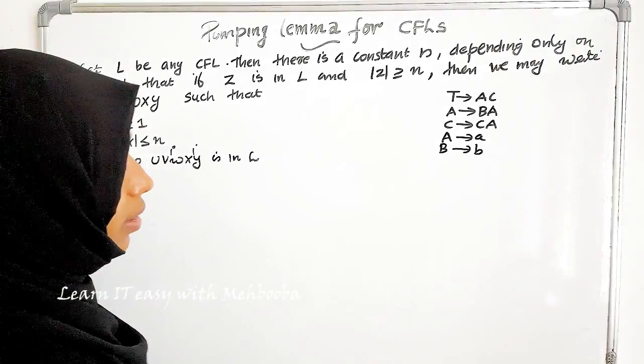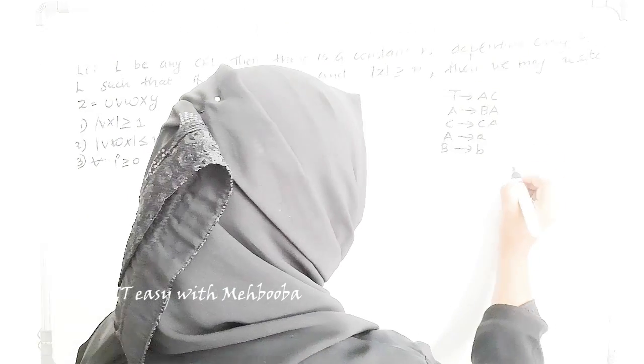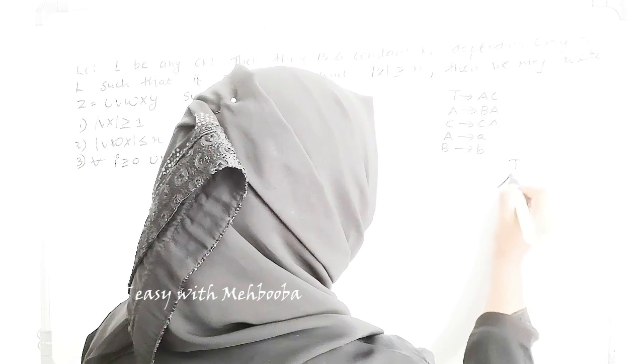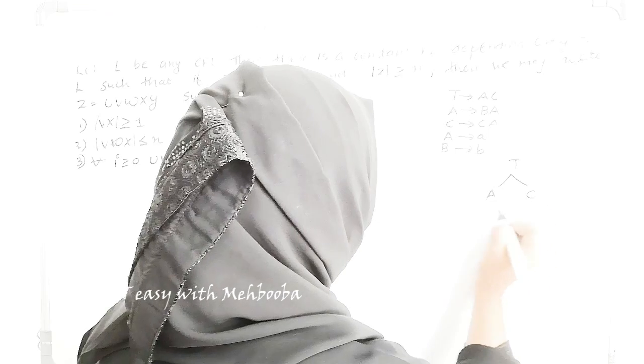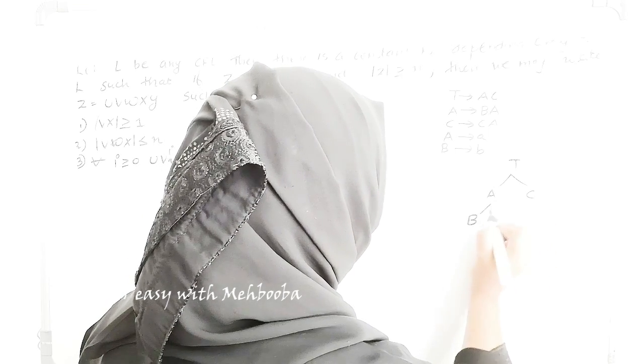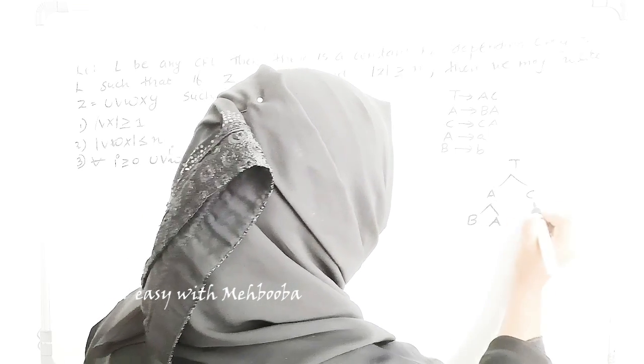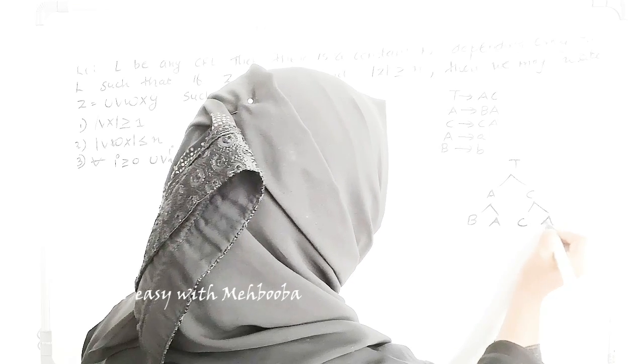For languages like this, we'll be writing the parse trees like this. That is T gives A, C. Now A is giving B, A. Now C is giving C, A.